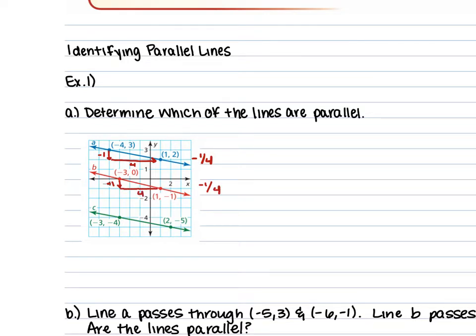So that slope is negative 1/4 as well. For the green line, we're going down 1, and to the right 1, 2, 3, 4, 5. So that's negative 1/5. So the only two lines here that are parallel are lines A and B.